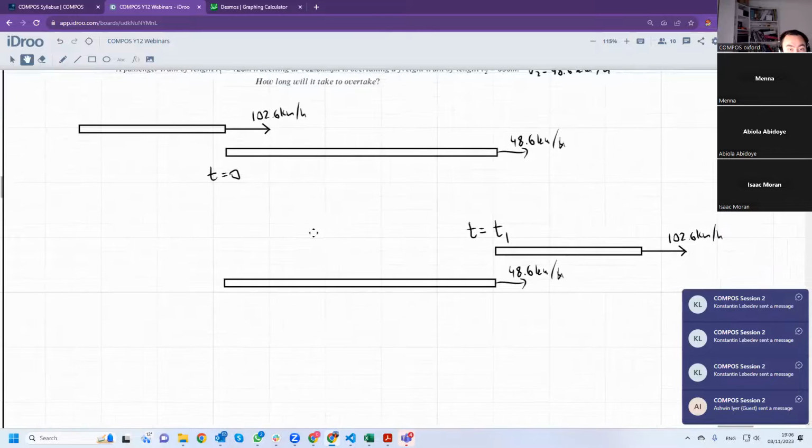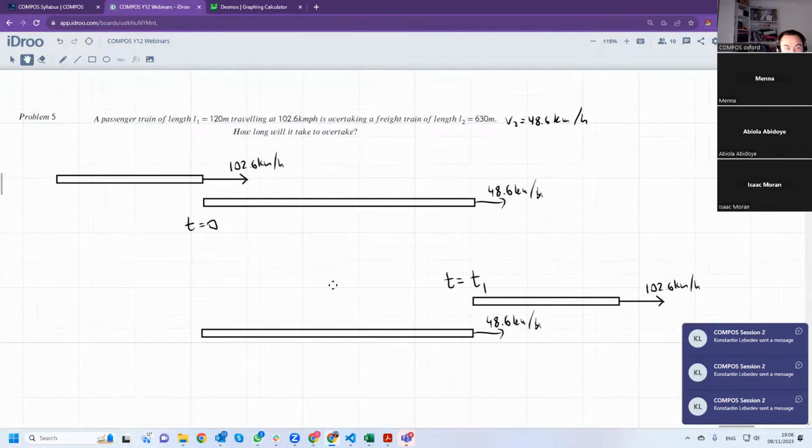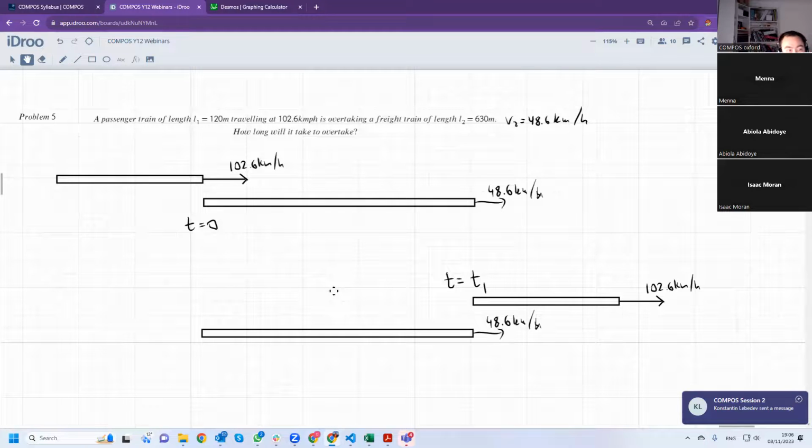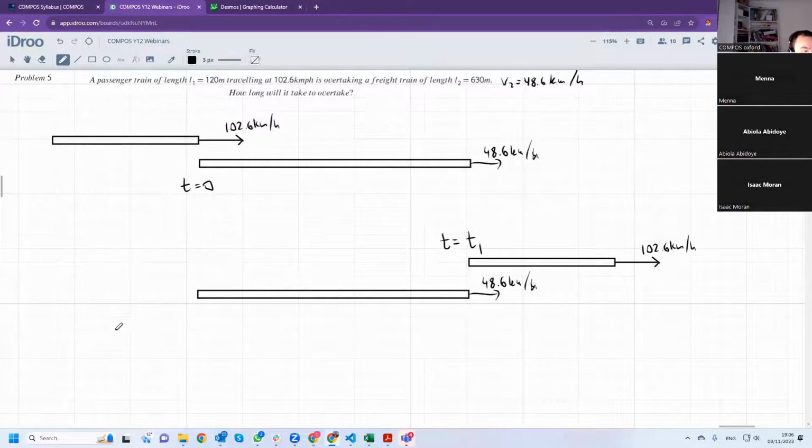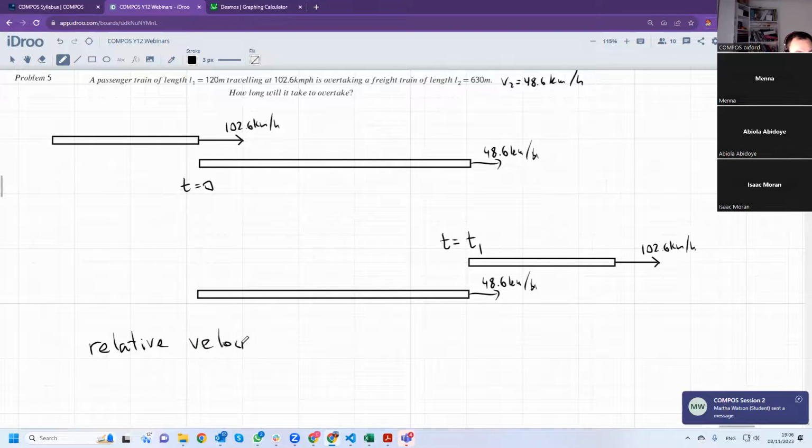It might seem sophisticated, but actually it's not. You just need the relative velocity of the trains. So you need to assume that the freight train is stationary.